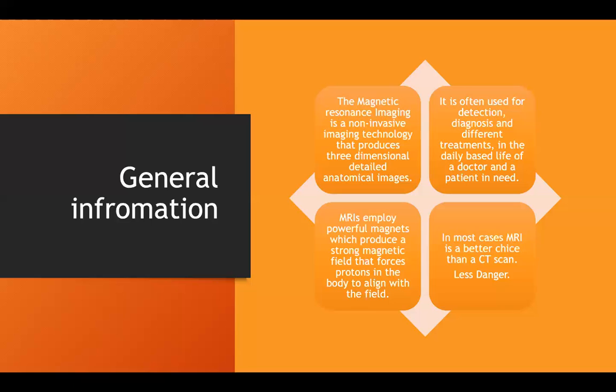And it is often used for detection, diagnosis, and different treatments, usually in the daily life of a doctor and a patient in need. So a doctor examines these images and gives the information to you as a patient, and a patient goes through it because of the problems the patient has or is going through.